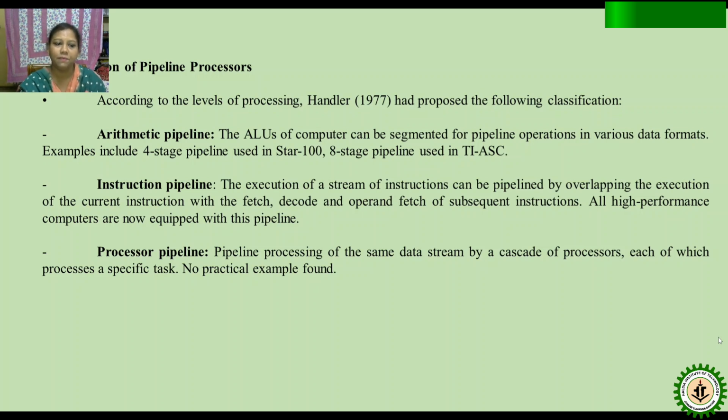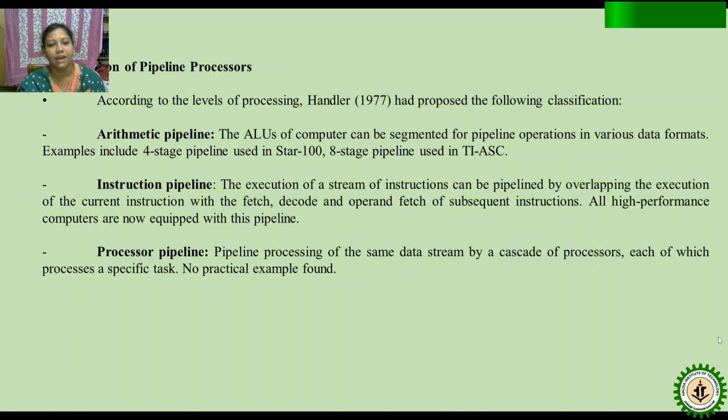All high performance computers are now equipped with a pipeline. That means fetching, decoding, and operand fetching come into a pipeline, and instructions use it one by one. Suppose the first instruction uses the instruction fetch, then passes to the decode stage.